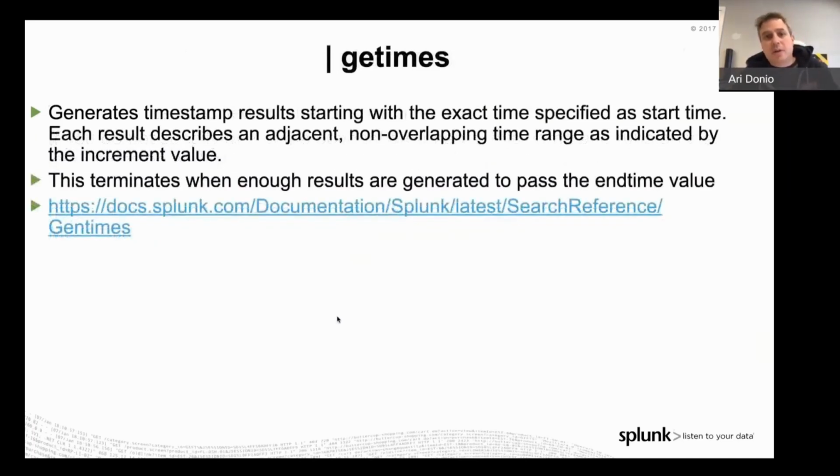Gentimes is another generating command that generates timestamp results and creates a couple of fields like start time and other things related to the result that we created. It has more knobs and buttons to play with, and more to read about it in the link below.